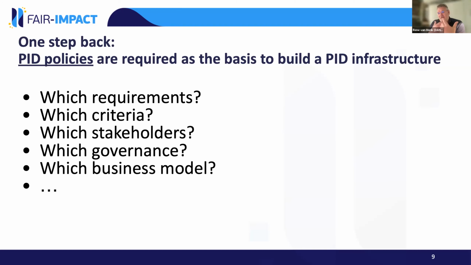So you have to think about some principles for a service or a PID scheme in order to build an infrastructure. And then the question could be, what requirements do we want? Which criteria do we apply? And who are the stakeholders in our system? Who should we get involved in this?